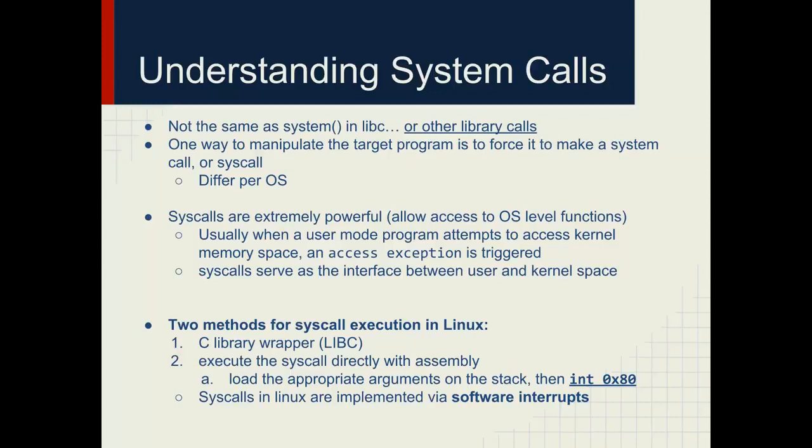They're very different in A, style, B, calling convention, and C, functionality than functions provided by libraries. They often also completely differ per operating system. So system calls are extremely powerful and allow access to operating system level functions.